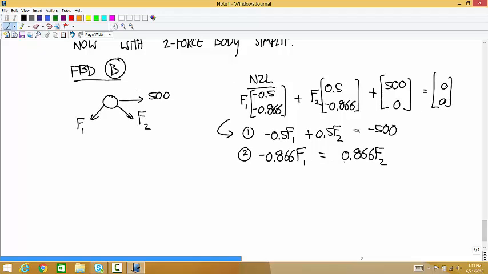The second one just says that F1 is equal to negative F2. So if you substitute that in, you get that F1 is equal to positive 500 and F2 is equal to negative 500.